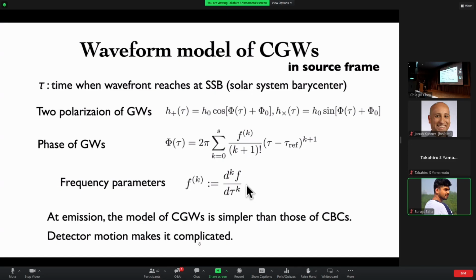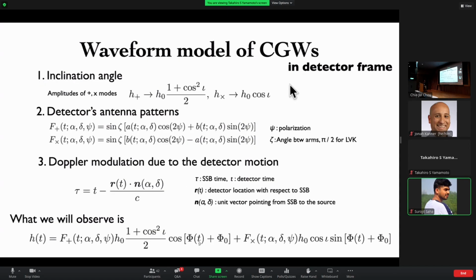Usually in most searches, we include only the F0 constant term and F1, and at maximum F2. Okay. So at emission, the model of continuous waves is much simpler than for CBCs, but detector motion makes it very complicated. So let's move to the next slide.